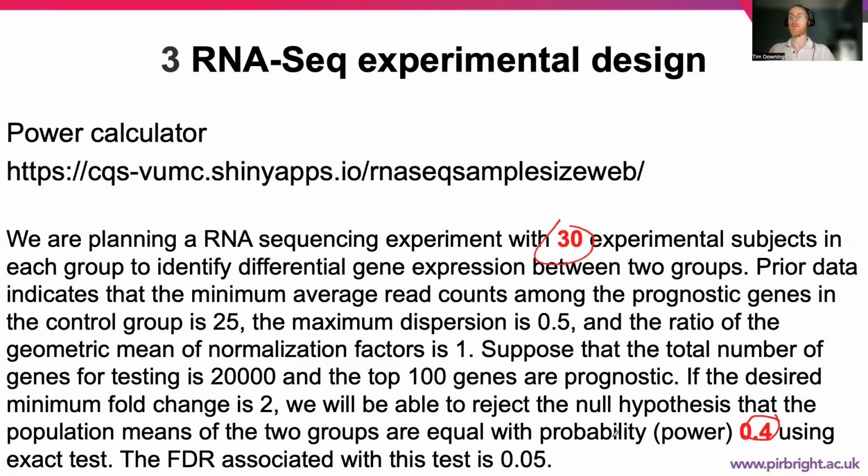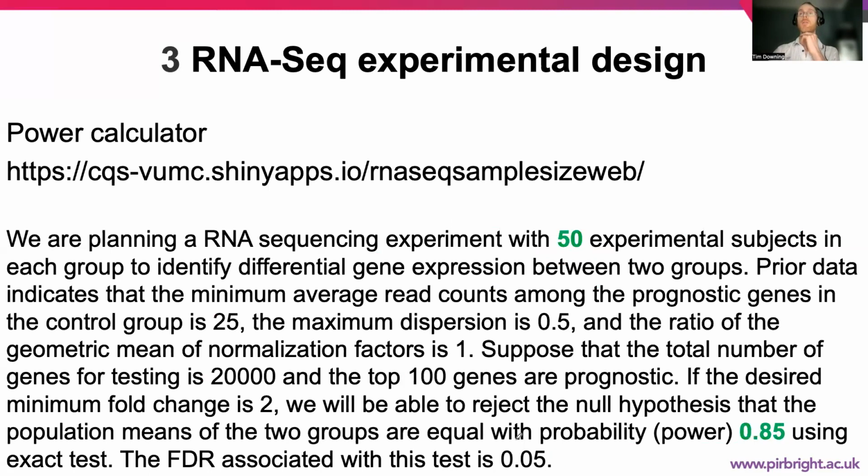It doesn't really tell us about our false positives. We know that the rate is 0.05, but it depends on how many genes we're testing overall. If it's 20,000, we can realistically expect that 1 in 20 of them would appear as false positives, which could be a lot.